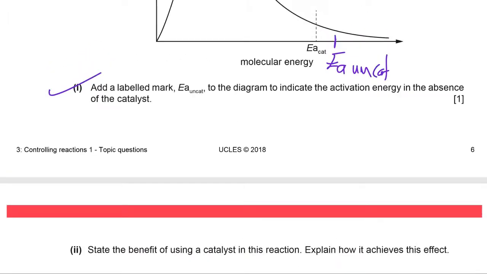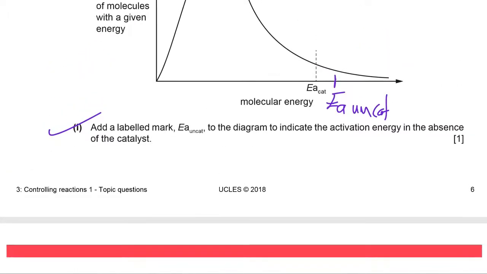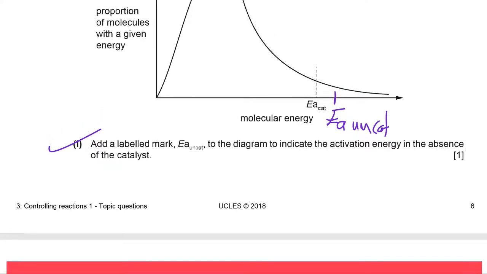By adding the catalyst, you have decreased the level of the activation energy. So in this case the shaded part or this area becomes more than the area without catalyst. What does that mean? That means the molecules that have successful collisions become more.